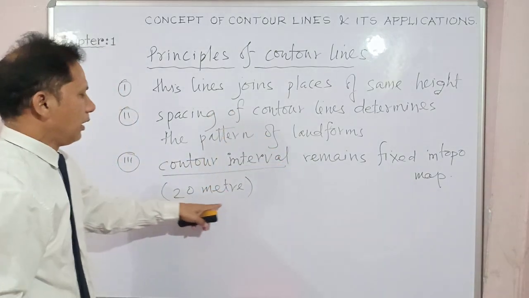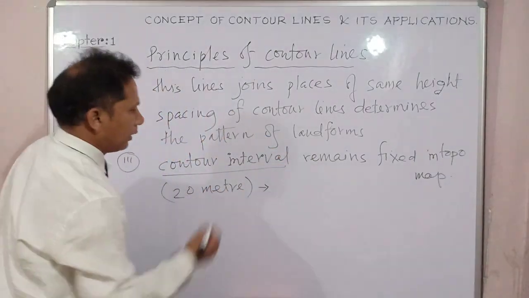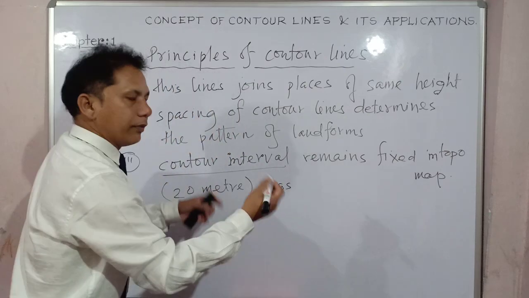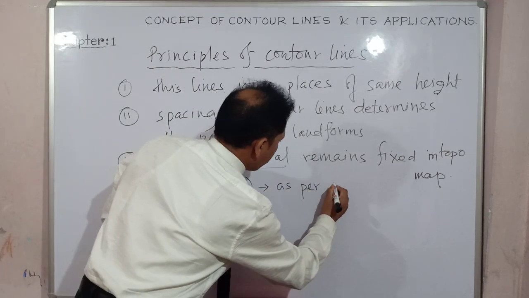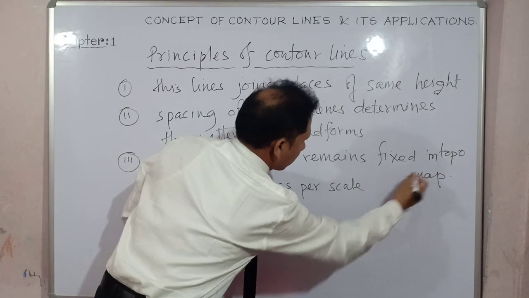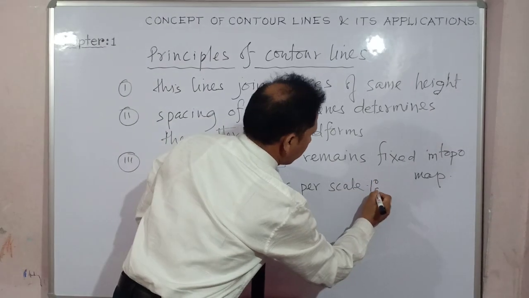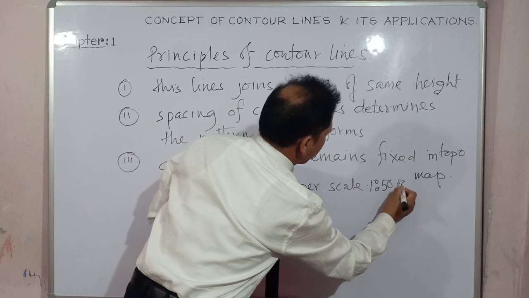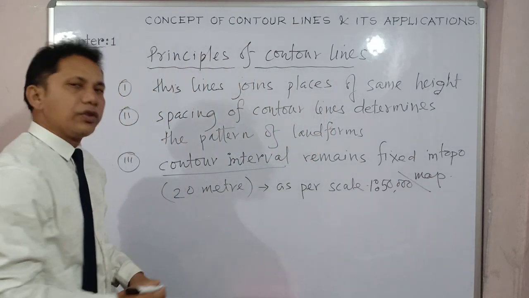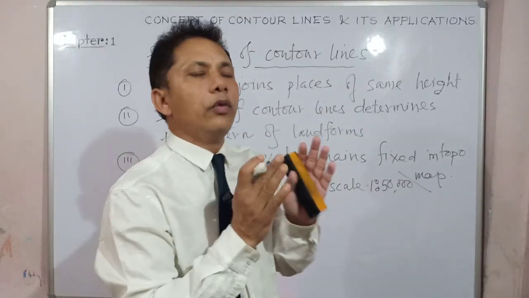It is determined by the scale of the map, whatever it is. According to scale, the height will change, but the contour interval always remains the same.